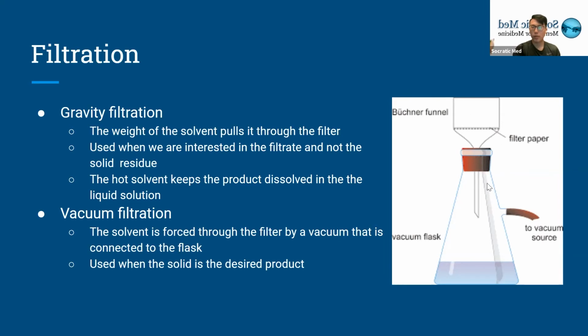Because there's a vacuum seal, the vacuum will suck as much of the liquid off the paper filter and off the residue into that flask and leave as much of the solid residue behind. So instead of just allowing gravity to filter it, you use the power of a vacuum to suck as much of the liquid as possible. Usually you'll use this when you want the solid residue as the product.